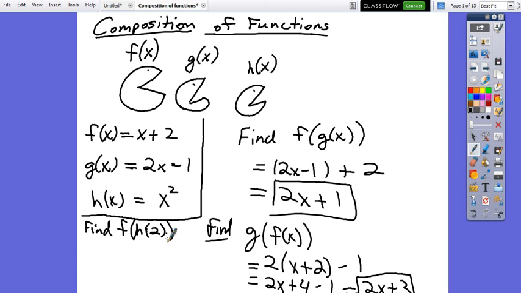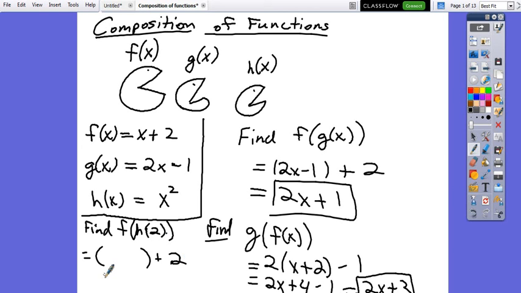What I like to do is keep it in the same process that we've been doing, but where the x is, I need to put a 2. Make sense? What is function f? x plus 2. So it's going to have big parentheses plus 2.